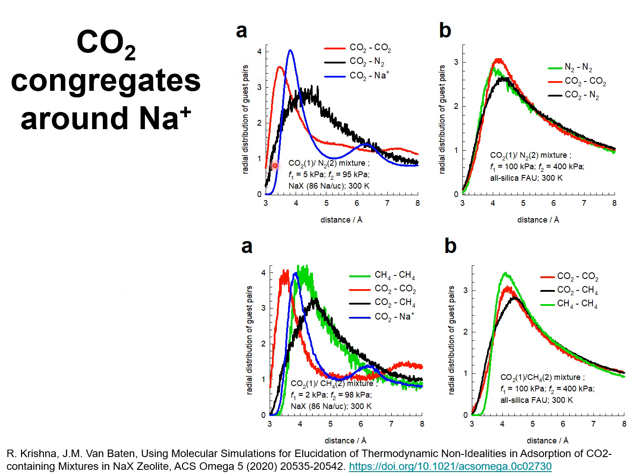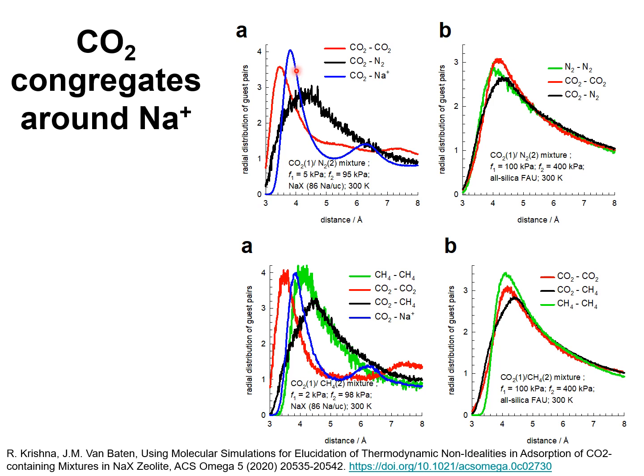The radial distribution of guest pairs is plotted against the distance between the guest pairs. The red line is for the CO2-CO2 distances.